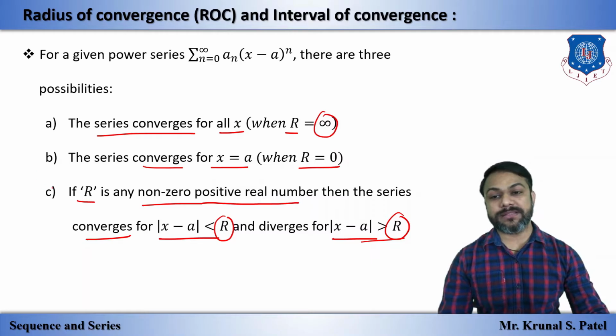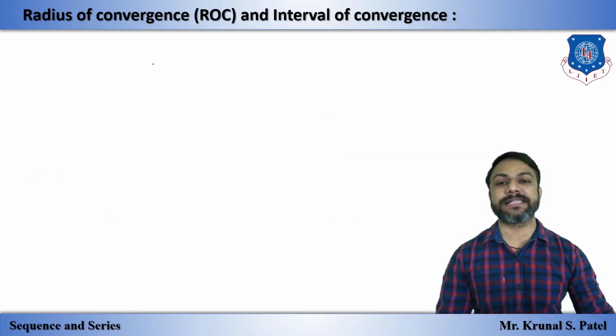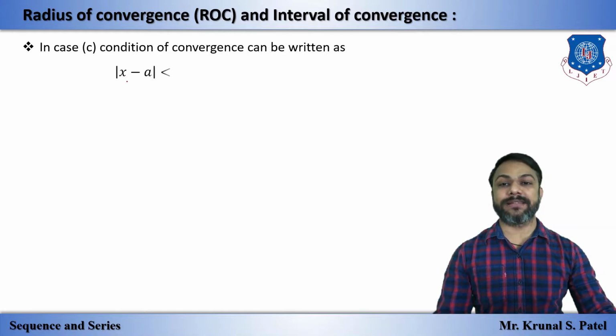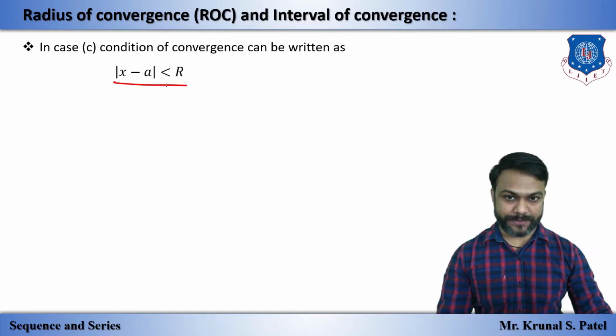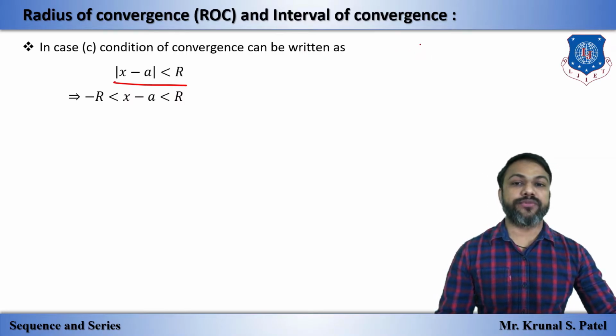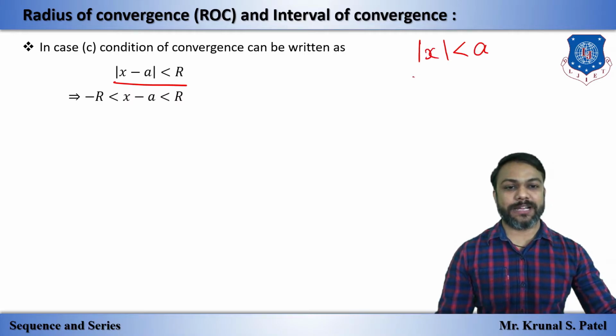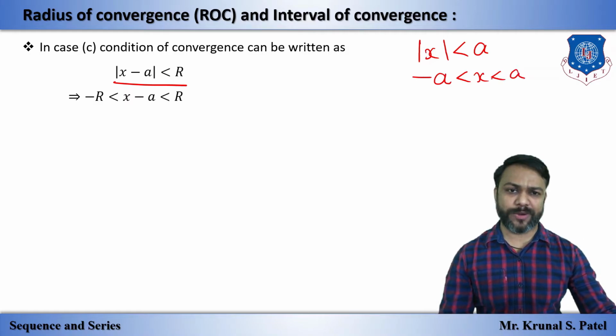Okay, so in case 3, what can we check? We can write mod x minus a less than R. As we know, if mod x is less than a, that means minus a is less than x less than a. We know this inequality.